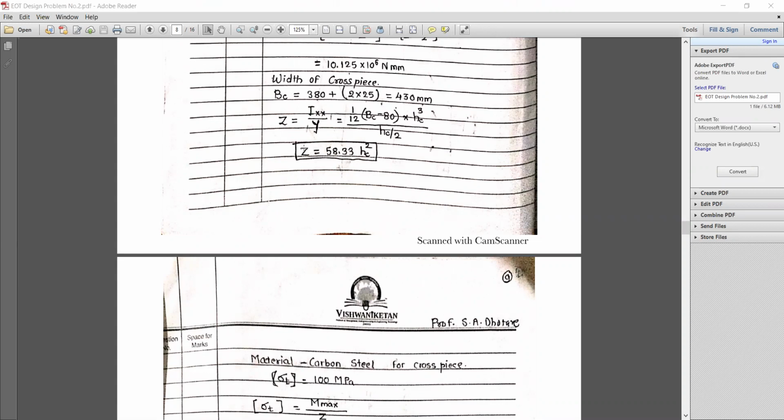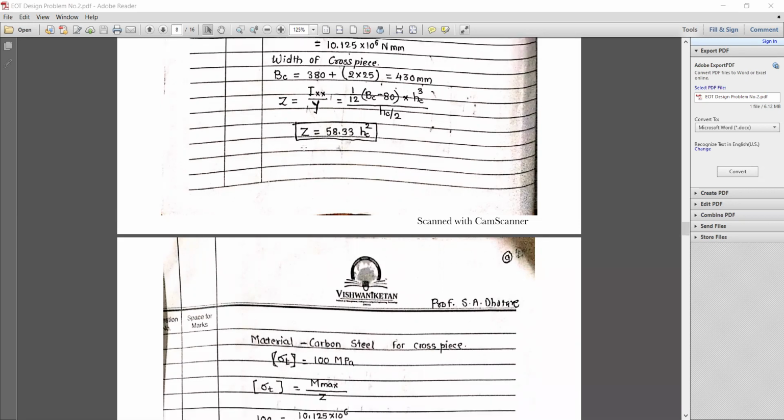Let's see whether it is sustained or not. So Z is equal to I xx divided by y. I is equal to 1/12 BC minus 1/8 into HC cube, divided by HC by 2.